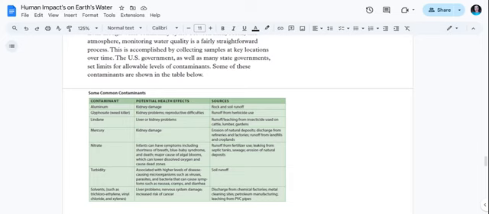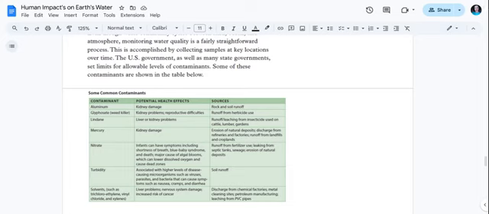Lindane can cause liver or kidney problems. That comes from runoff or leaching from insecticide used on cattle, lumber, gardens. Mercury can cause kidney damage. That comes from erosion of natural deposits, discharge from refineries and factories, runoff from landfills and croplands.